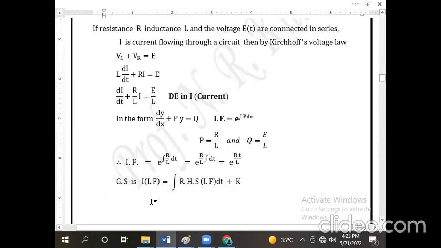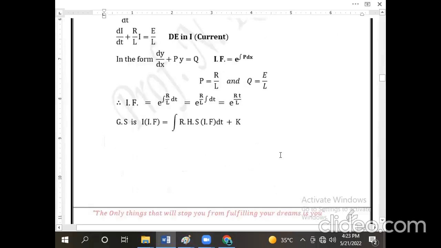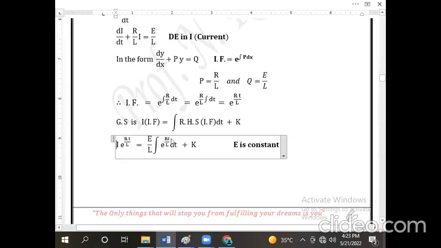So replacing the value of the integrating factor, we get I into e raised to Rt upon L, and the right hand side is E upon L, which is a constant and is taken outside the integration.